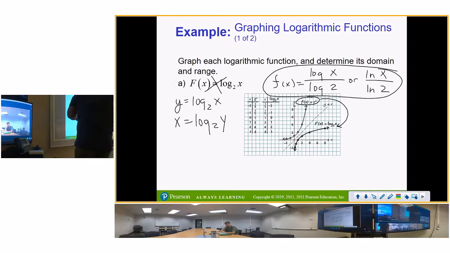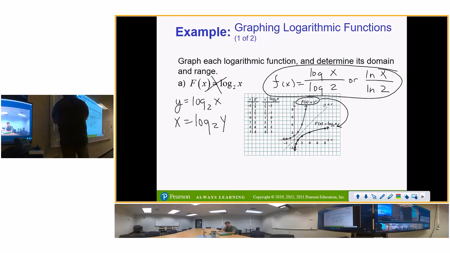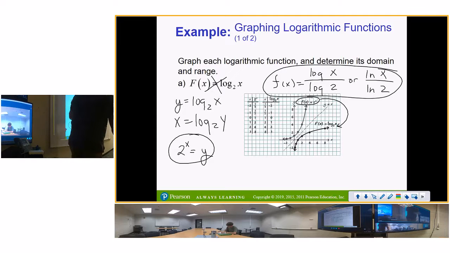And now do the definition of what? Logarithm, and you've got to be careful because now x and y are switched. So what would you do? It's 2 to the what? 2 to the y. What's y? x is equal to, and that is the inverse function. And of course, you know to do that algebraically.